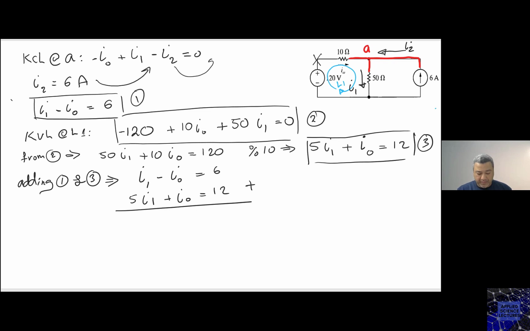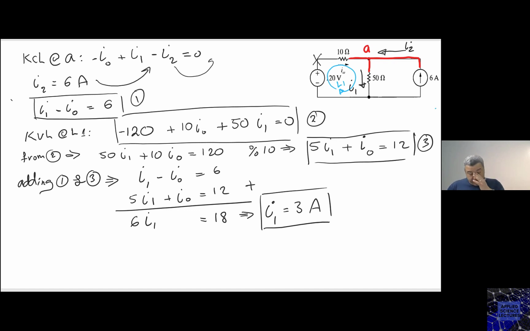If you add them, you're going to get 6 I1 equals 18. And then I1 is 3 ampere. I1 is 3 ampere.